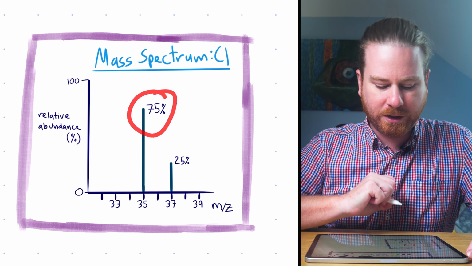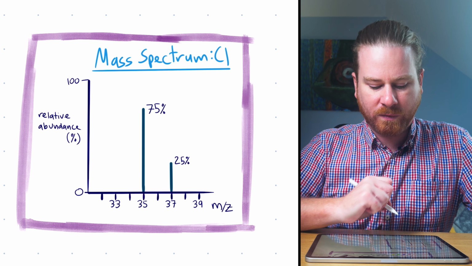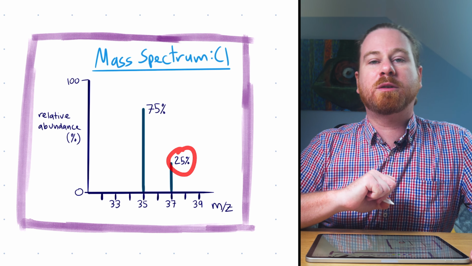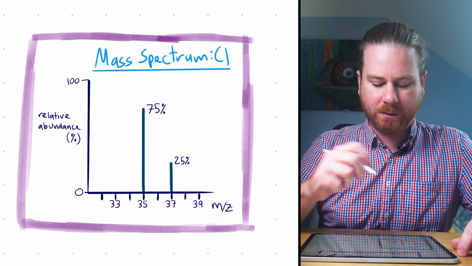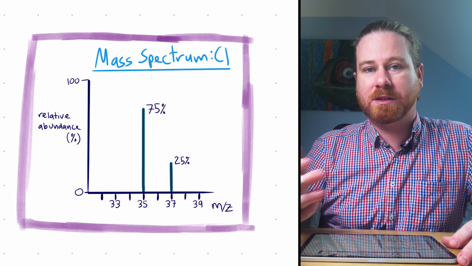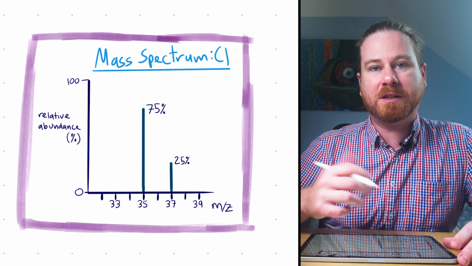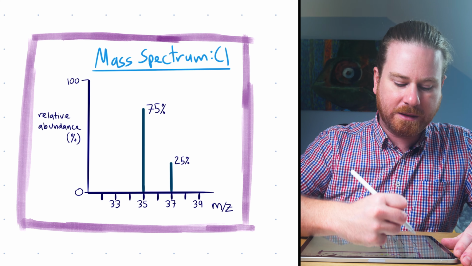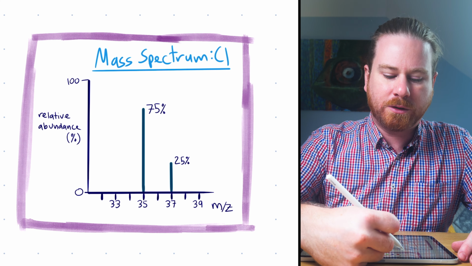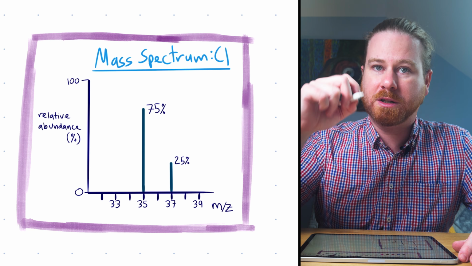The lighter isotope is at 75%, and then the slightly heavier isotope is at 25%. So let's just go through this graph quickly. This axis here is giving us the mass number. In this case, it's just going to be the atomic mass, and then this axis over here is relative abundance.